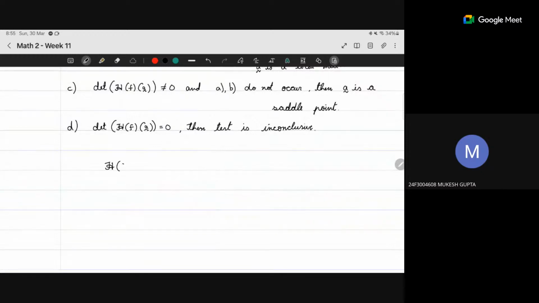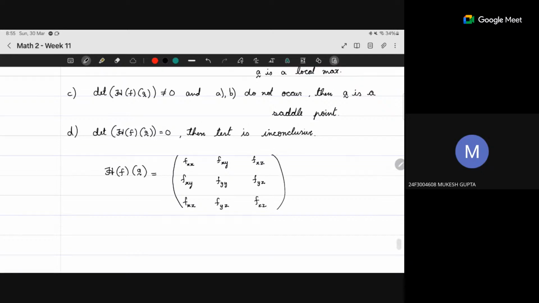So when I write the Hessian of a tilde, it's a 3x3 matrix. I'll not write a tilde at every point. fxx, fxy, fxz, fxy, fyy, fyz. Since it's a symmetric matrix, I'm just writing it in whatever order. Now, what do these conditions say?